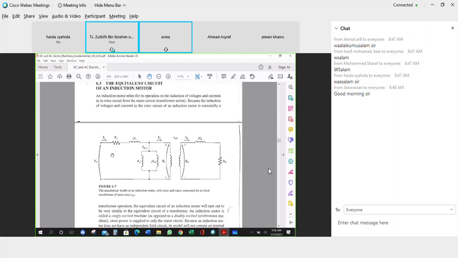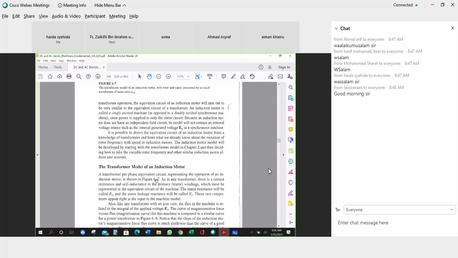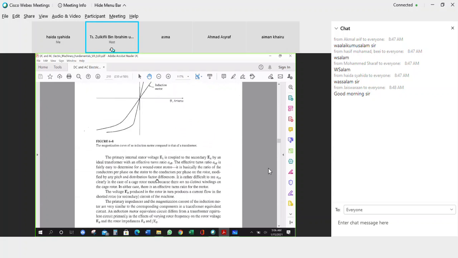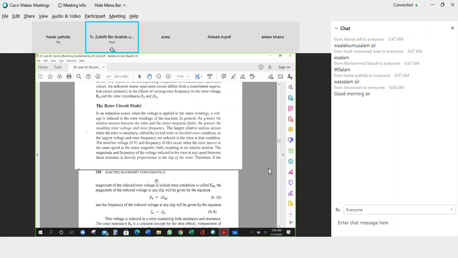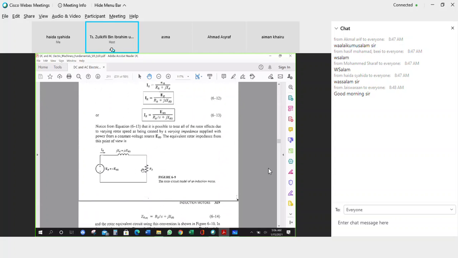The principle of this induction machine is the same as the transformer operation. You can read through this if you want to know the details about this induction curve. So now we go to this. All right, so this is the rotor model, the rotor circuit model of the induction motor.